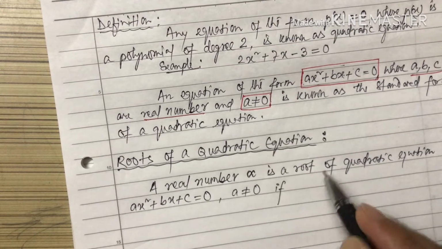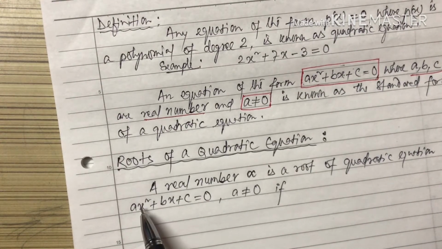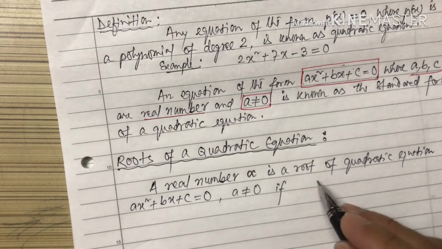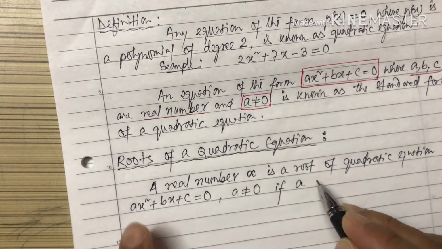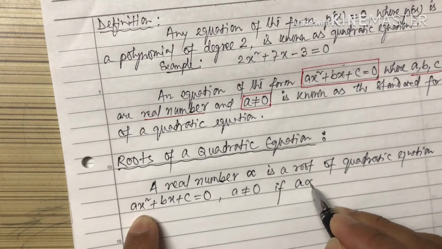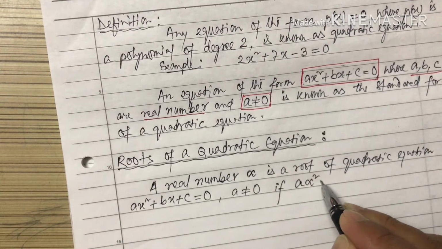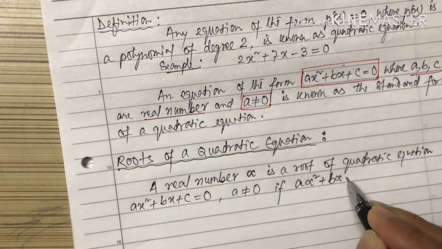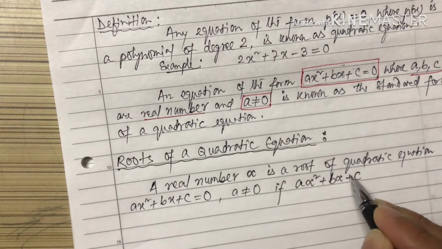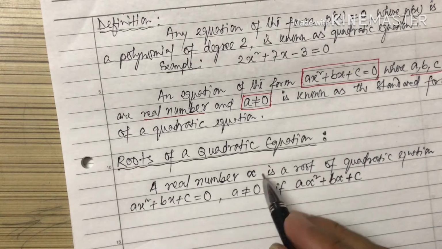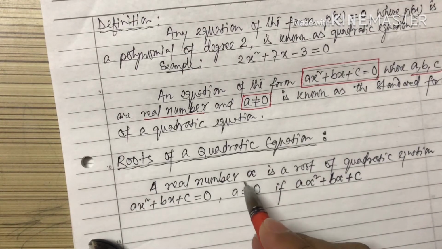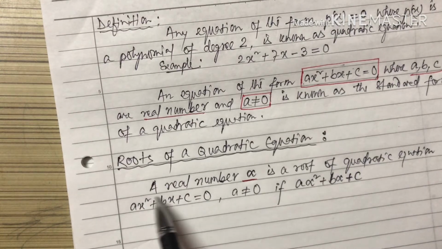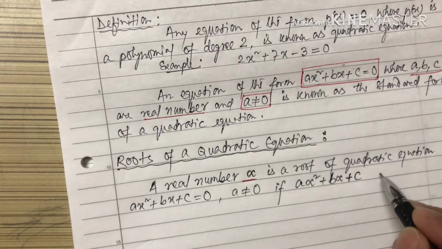Now what we will do is substitute this x by alpha. So x will be replaced by alpha: a alpha² + b alpha + c = 0. We replace x by alpha because we consider alpha as a root of this quadratic equation.